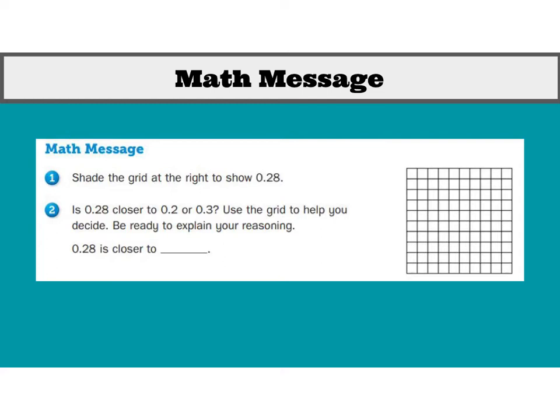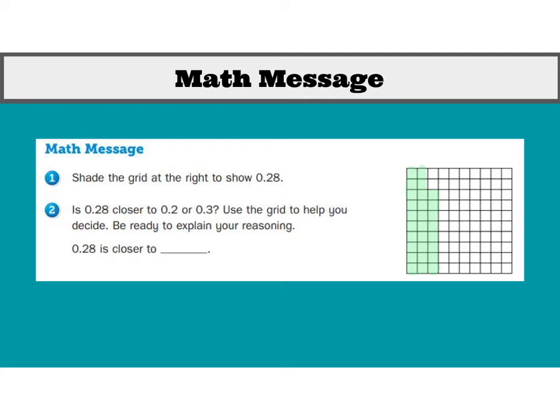And then you're going to answer the question, is 28 hundredths closer to 0 and 2 tenths or 0 and 3 tenths? Use the grid to help you decide. Be ready to explain your reasoning. 0 and 28 hundredths is closer to blank. So go ahead and pause your video and see if you can figure that out.